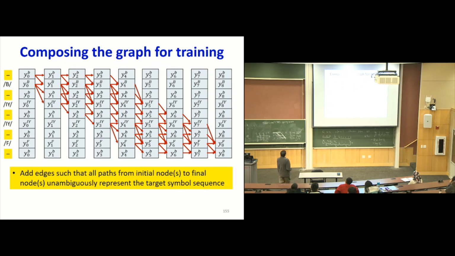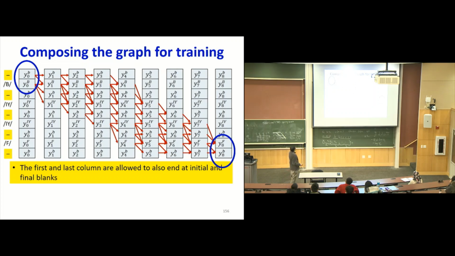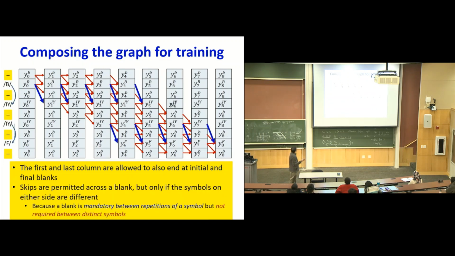The first and last columns are allowed to end at initial and final blanks. Skips are permitted across a blank, but only if the symbols on either side are different. Here, for example, I have 2 E's.